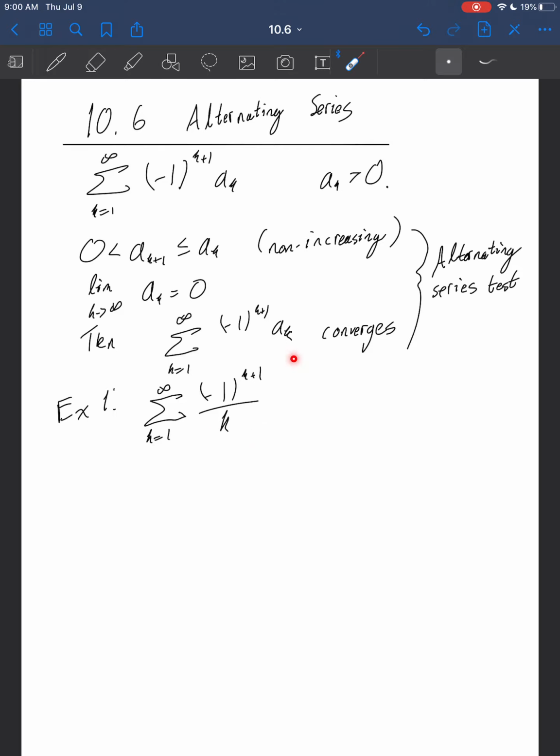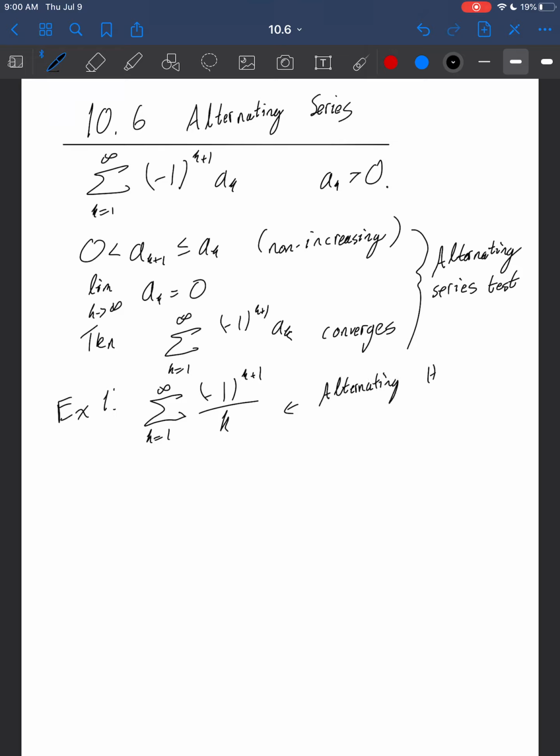If this negative 1 to the k plus 1 wasn't there, this would diverge, because we have p as 1, and we know from our p series test that means it's going to diverge. However, what about the alternating harmonic series? That's what this is called.